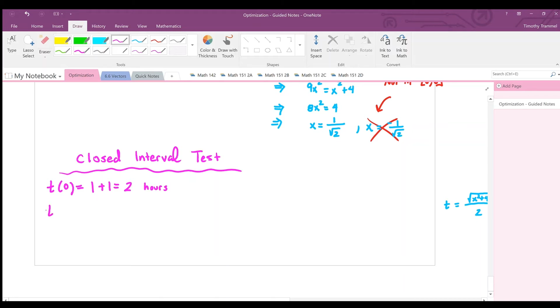And then let's try at the critical point that came from our derivative. If you were to square 1 over the square root of 2, that would give you 1/2. Then we have plus 4, and then all over 2, and then plus, and we have 1 over the square root of 2.